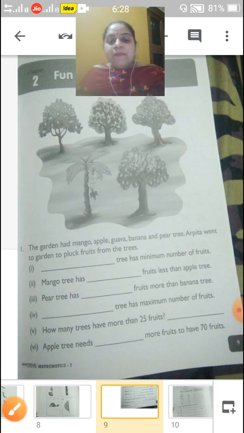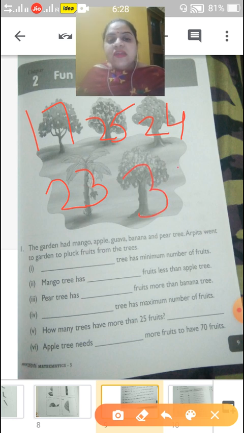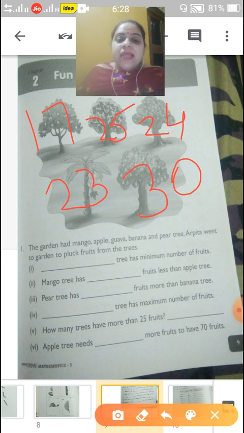For example, children, on the mango tree it is 17, on the apple tree it is 25, on the guava tree it is 24, on the banana tree it is 23, and on the pear tree it is 30. So children, you have to tell which tree has the minimum number of fruits.